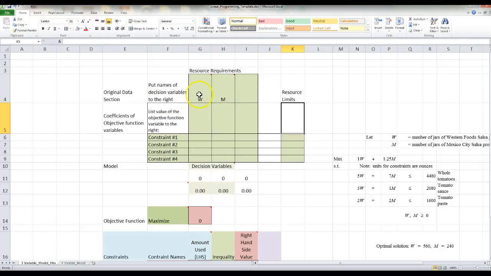Okay, I only have two variables, so I'm just going to put in the two variable names here. And I've given myself some directions off to the left. And in this next row, I'm going to put the coefficient values for my objective function, which in this case are 1 and 1.25.